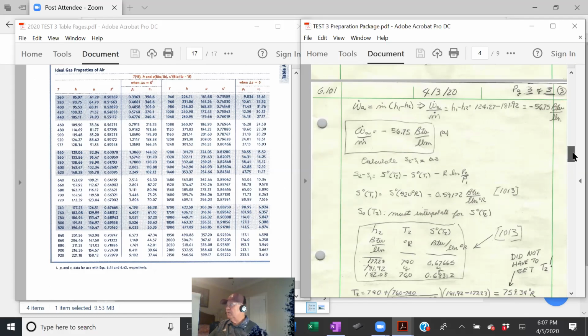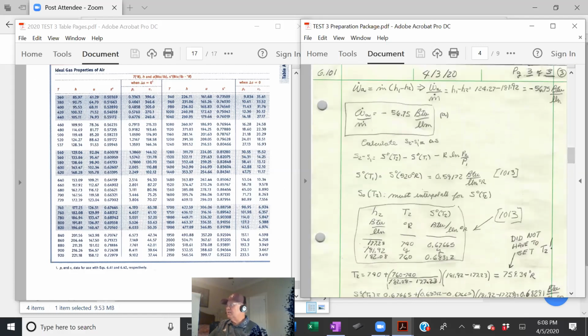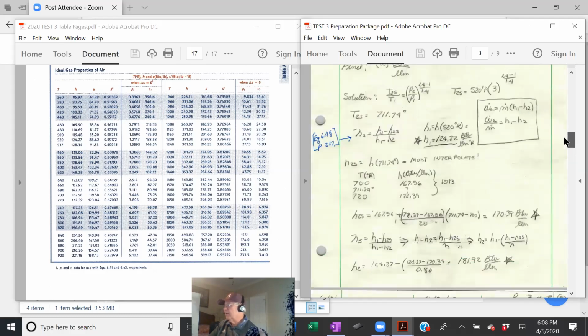And now I need to calculate S2 minus S1. The problem asked for the change in entropy, so I can use this equation. I've got everything I need, right? No, I don't have T2. Now I need the real T2, not the isentropic, and the real T1, and the rest of this equation to calculate S2 minus S1. So I need to go back to this table.